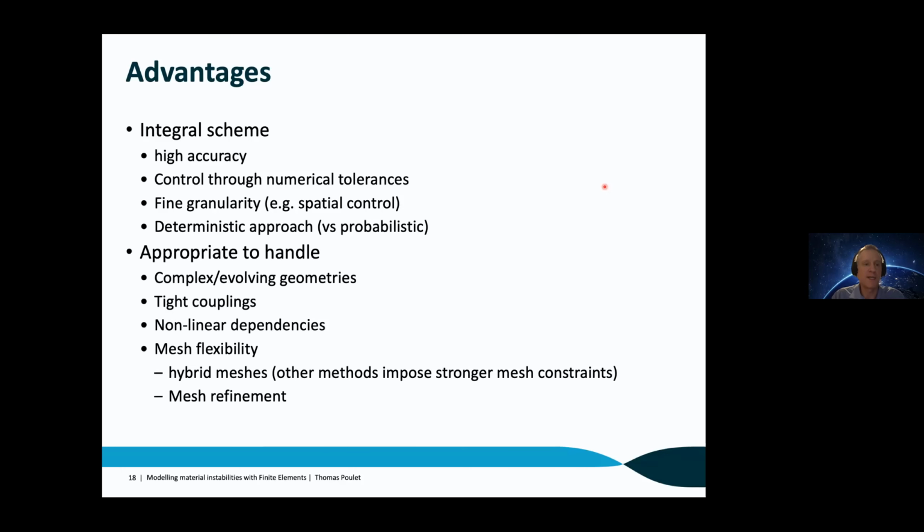And it's particularly appropriate to handle complex geometries, tight couplings, nonlinearities, and hybrid meshes. So you can mix and match your type of elements. You're not constrained to regular grids. And you can also mix and match the dimensionality of your elements.